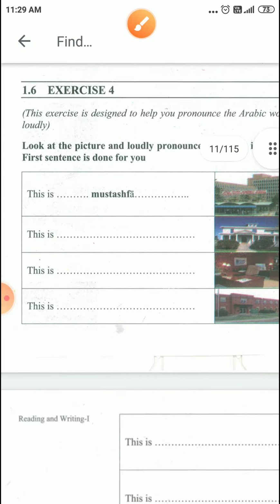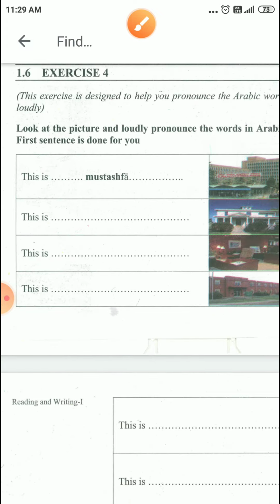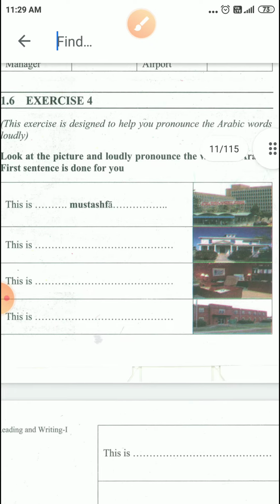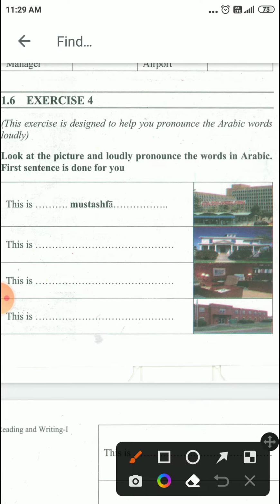After this is fourth exercise. We have to say these sentences loudly. First one is this is mustashfa. This is hospital. This is bait, house.